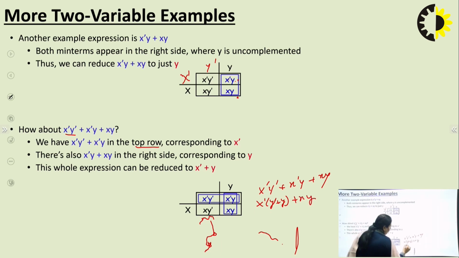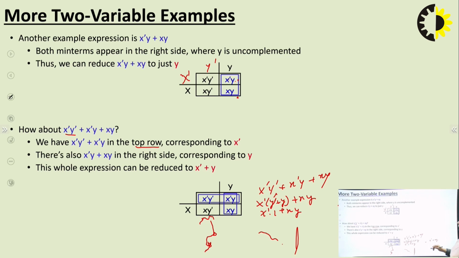So what do we get here? y dash plus y is 1, so x dash dot 1 plus xy. Again, x dash plus xy. We can't reduce it further now, because we can't take anything in common here.